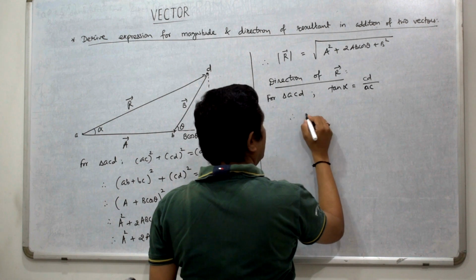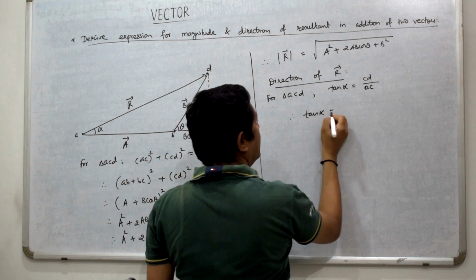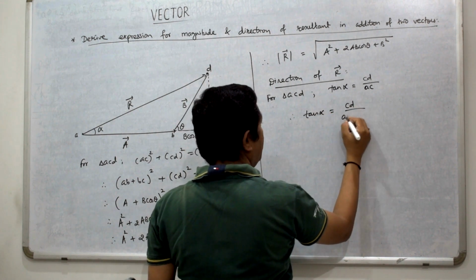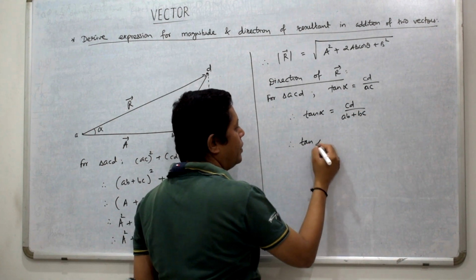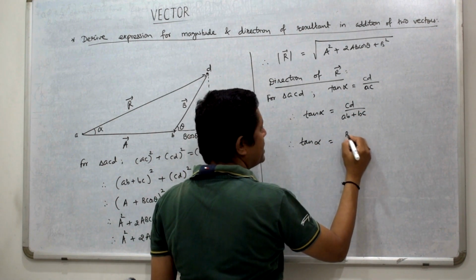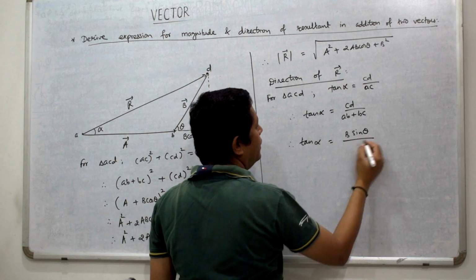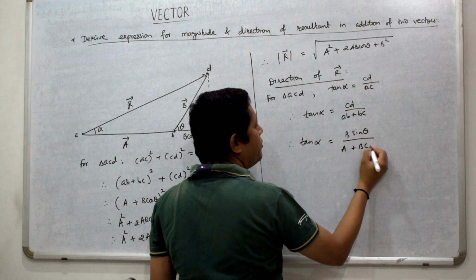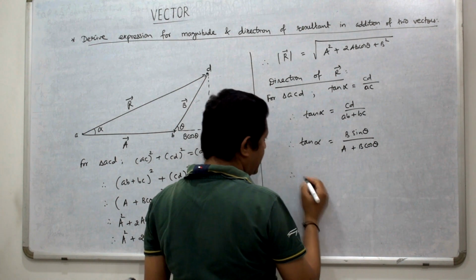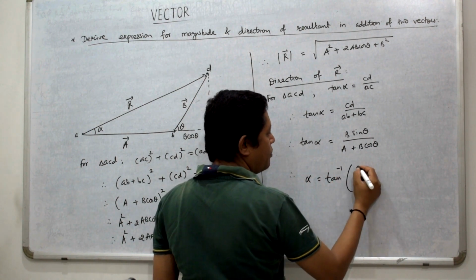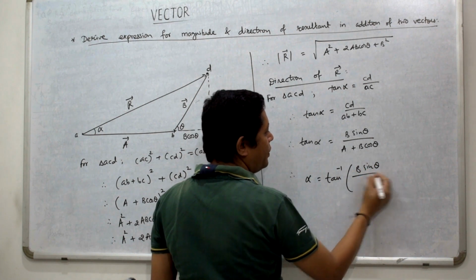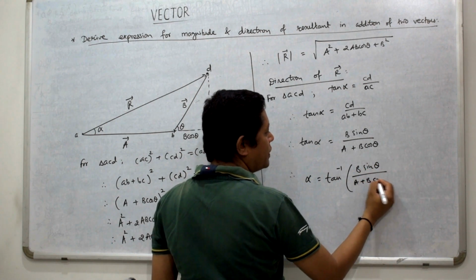And AC is AB plus BC. Therefore tan alpha is equal to B sin theta upon A plus B cos theta.